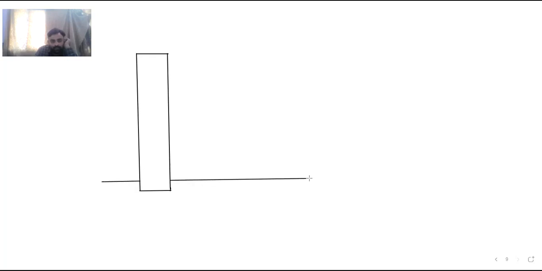this is the base slab, and the thickness of the base slab varies after some point. So from this point, the thickness is varied. It is like this.